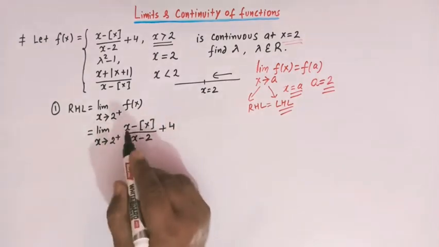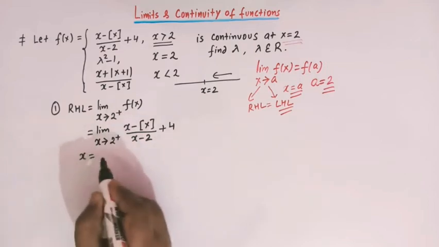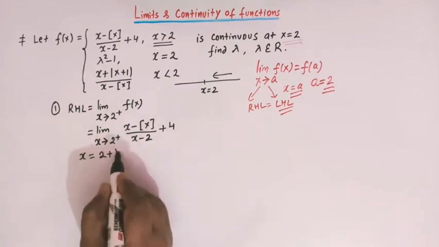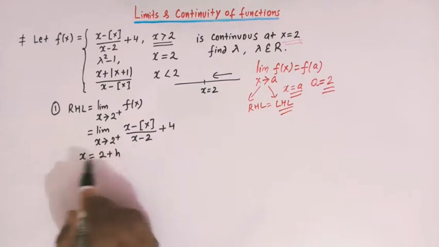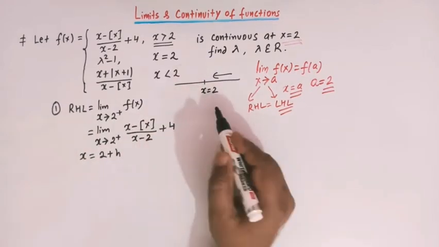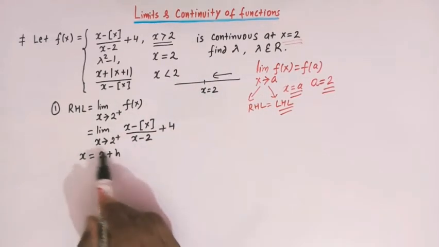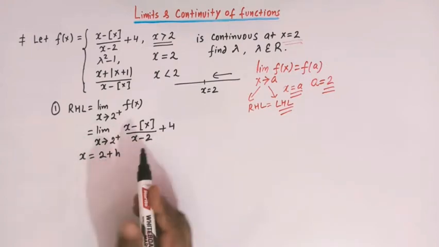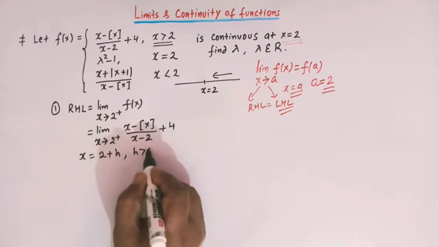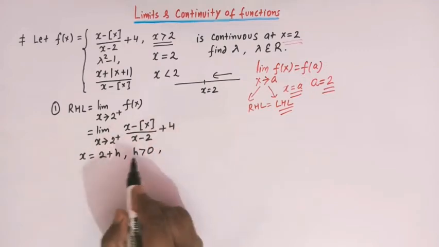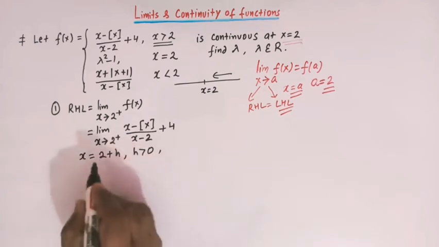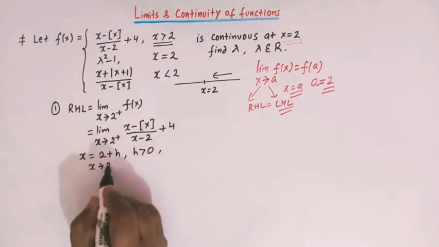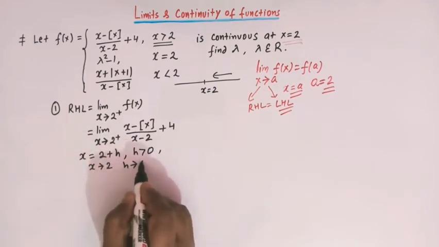Now we'll put x is equal to 2 plus h, as we usually adopt this method to calculate limits, where h is greater than 0 and h is a very small quantity. So when x tends to 2, h tends to 0.